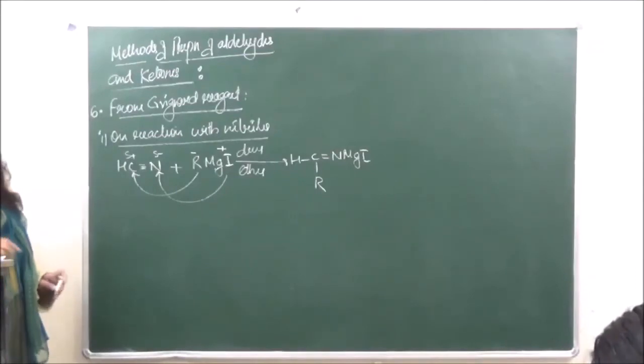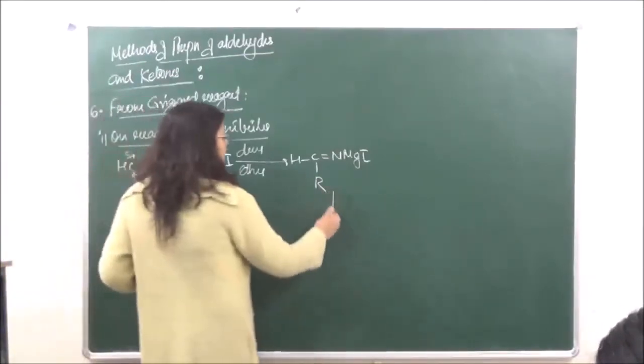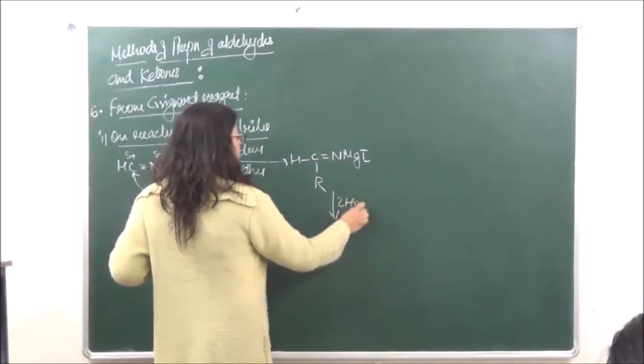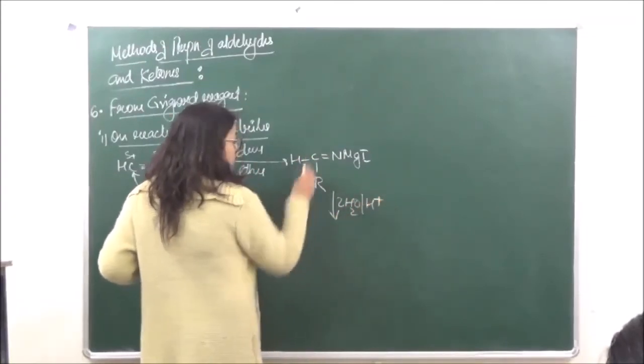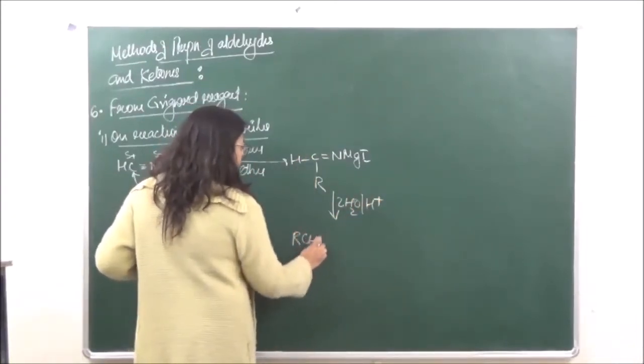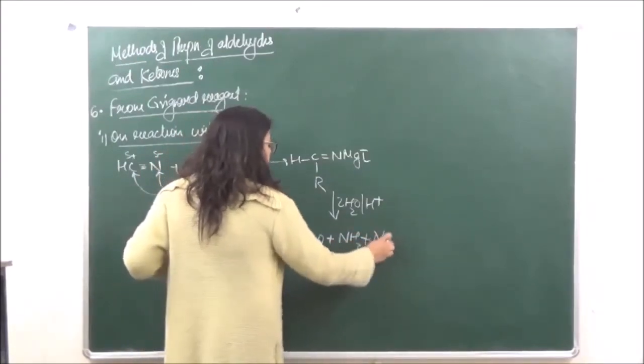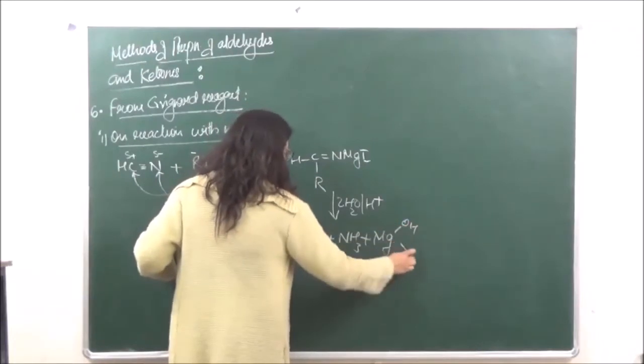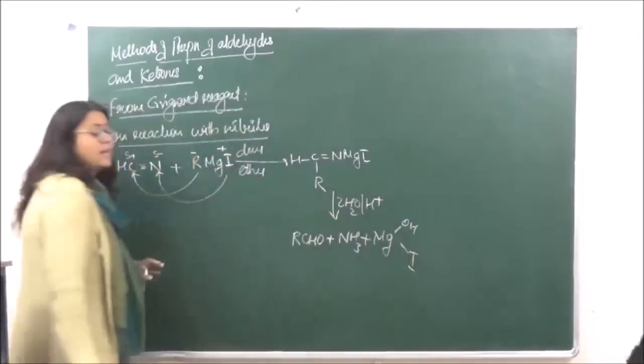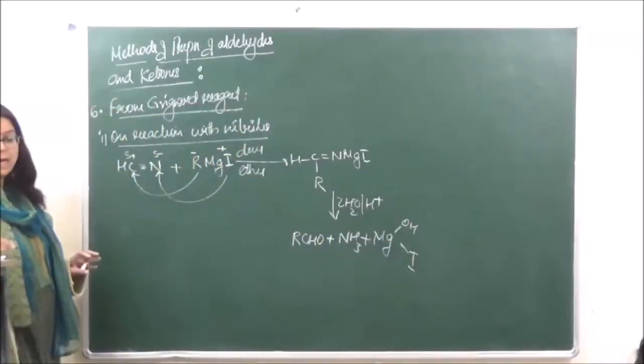Okay, now this is going to be hydrolyzed in an acidic medium, when we will get RCHO plus ammonia plus magnesium hydroxyiodide.